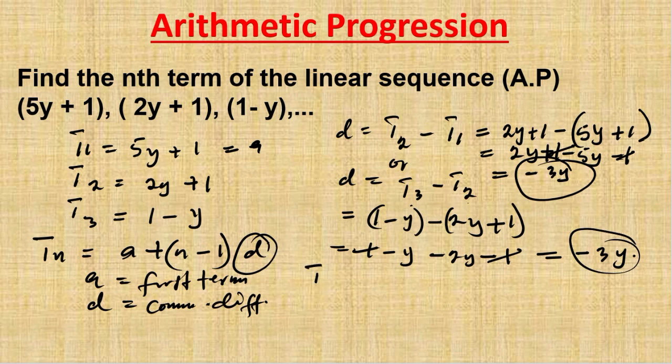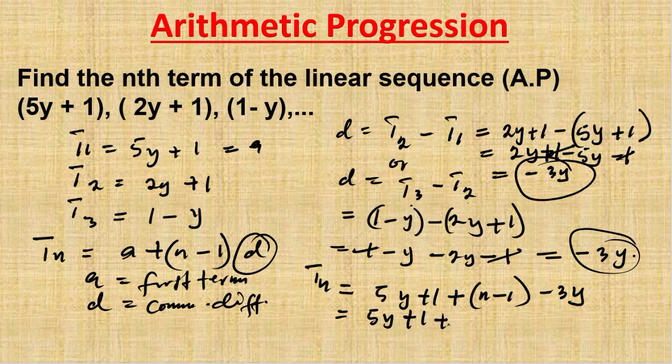So that my Tn will now come from a, which is 5y plus 1, plus (n minus 1) into minus 3y. That will be the same thing as 5y plus 1 plus 3ny.